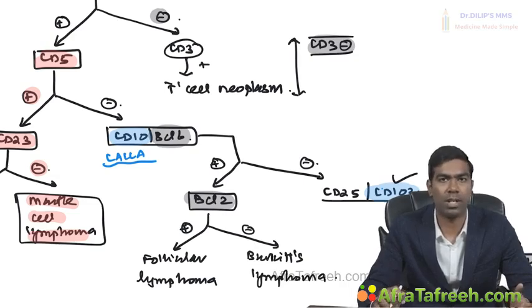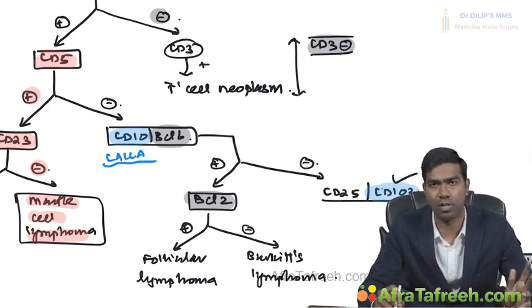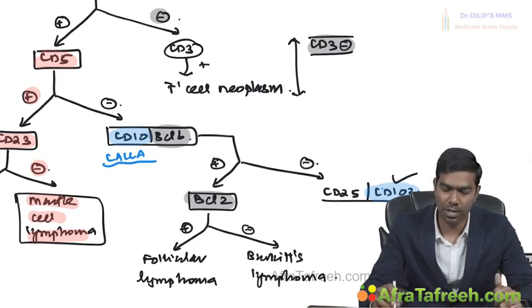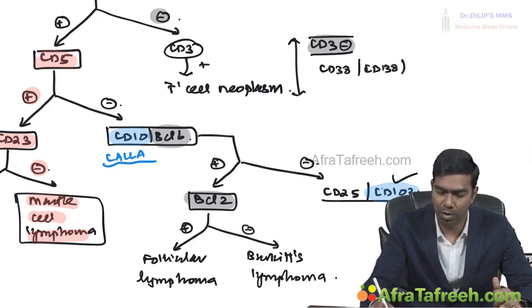I told you plasma cell neoplasm will not have CD20, they will lose the CD20, very important point. And they will not have CD3 also, because it's not a T cell lineage. So in a plasma cell neoplasm, CD20 will be negative. So you have to do the CD38, CD138 and all, and MUM1, all these things. Usually it will be positive in case of a plasma cell neoplasm.